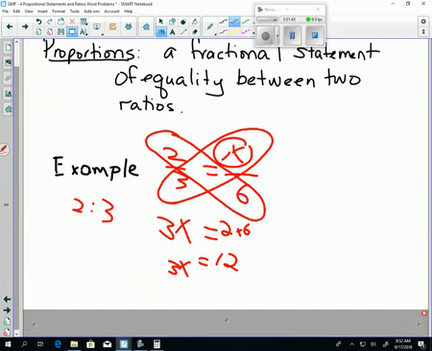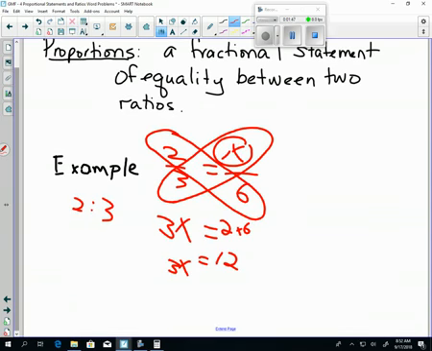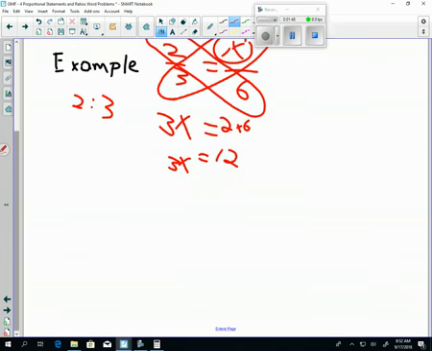Since we only want to find one x, we have to divide both sides by 3. That gives us an answer of x equals 4.